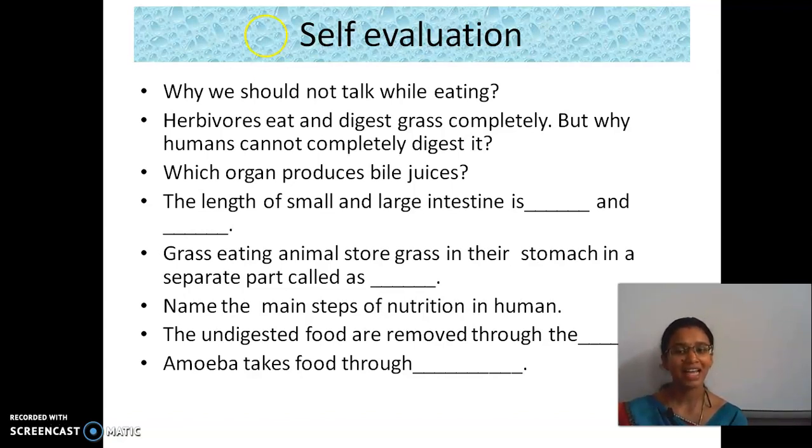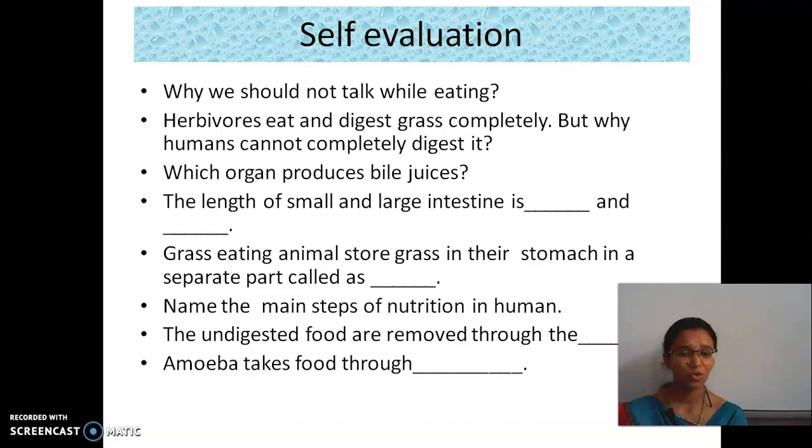And then grass-eating animals store grass in their stomach in a separate part called what? Rumen. Good. R-U-M-E-N.